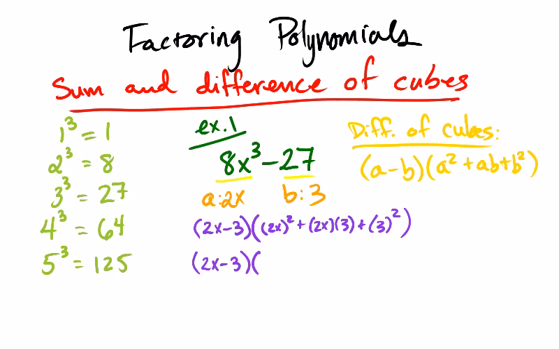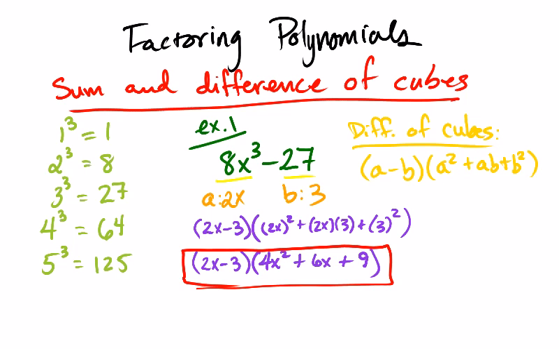And then the next parentheses will have in it 2x squared, which is 2x times 2x, and so that's 4x squared, plus 2x times 3, which is 6x, plus 9. And the wonderful thing about this is that you actually do not have to go any further. That cannot factor anymore, and so that is your answer.